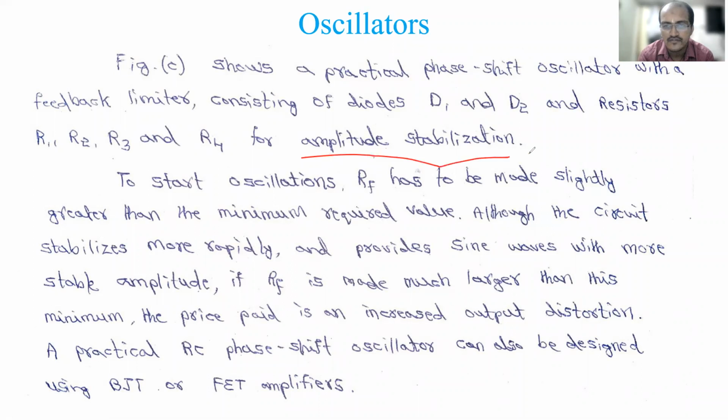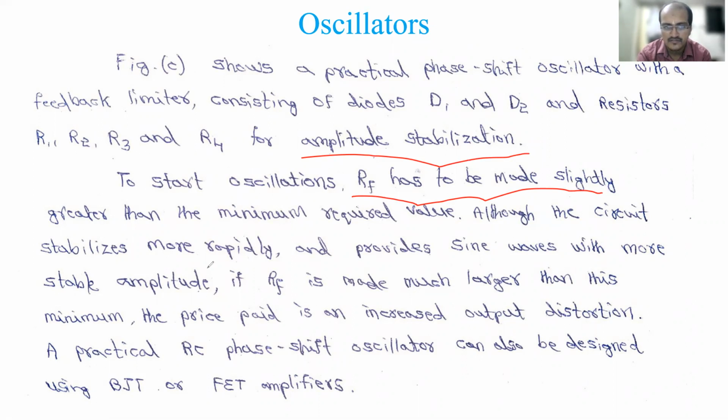Because in an op-amp, amplitude stabilization is an issue, this circuit is used. To start oscillations here, RF has to be made slightly greater than the minimum required value. That is the feedback resistor in the op-amp. This is the first criterion in the op-amp based oscillator.